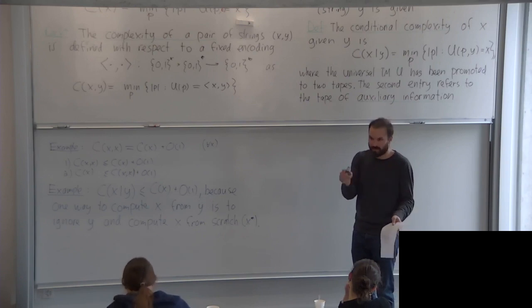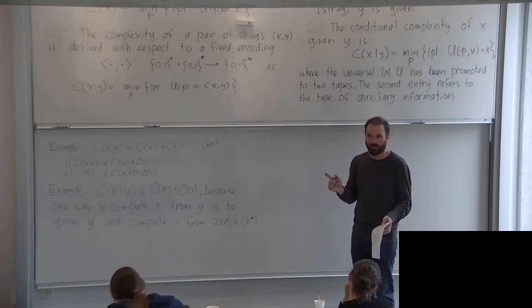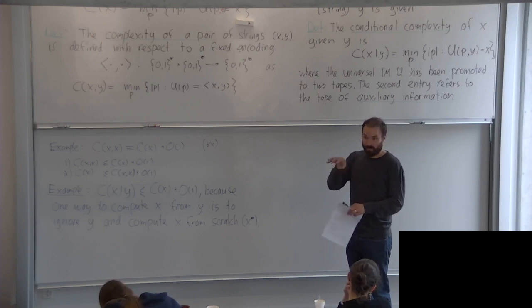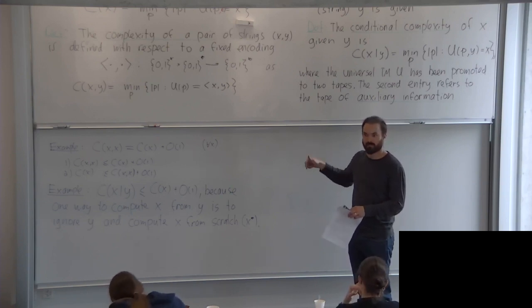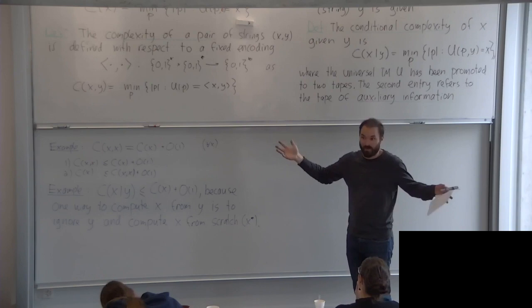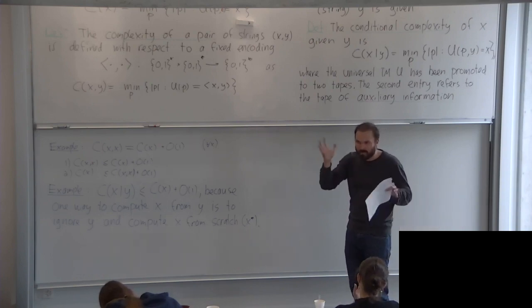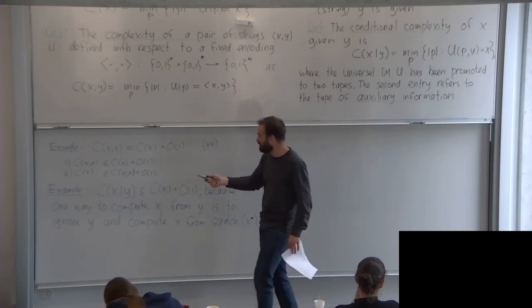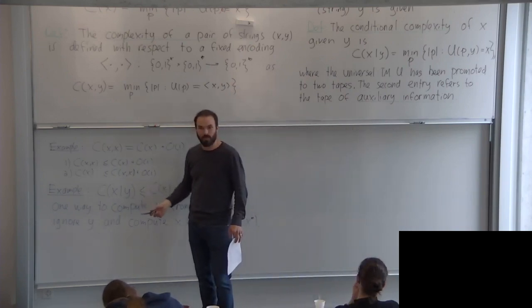Because then the conditional complexity of x given y is very small. You could just write a program which says: take your auxiliary information y, flip each bit, and produce that as output. Flipping each bit is a short program, whereas the shortest program for x might have been very large in the first place. So this is where we start to have ideas of conditional complexity that can come in.